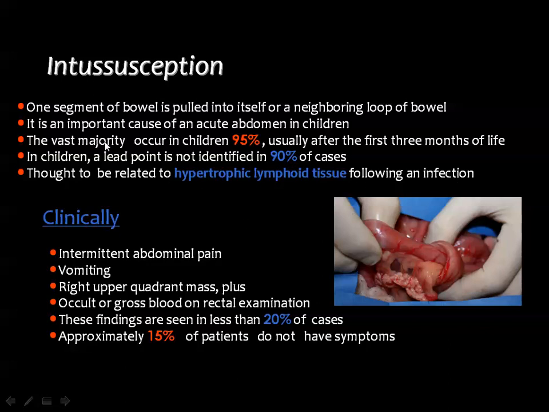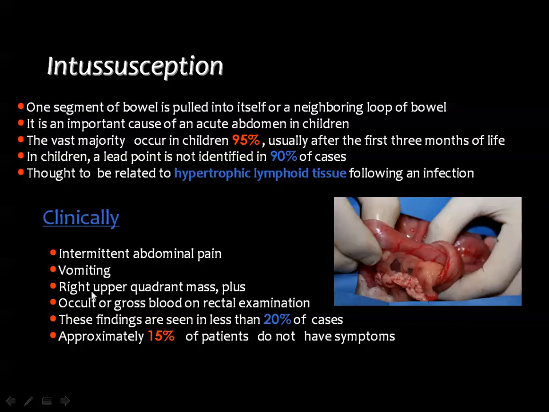The majority occurs in children, in about 95% after the first 3 months of life. And the lead point of intussusception cannot be identified in many situations because of the absence of a demonstrable underlying cause. Clinically, the patient will present with intermittent abdominal pain because this intussusception may resolve spontaneously, then recur once more, and this will result in this intermittent abdominal pain.